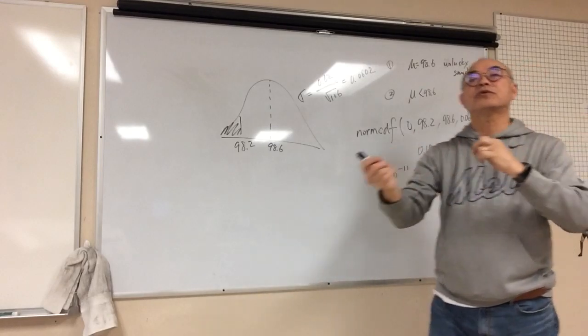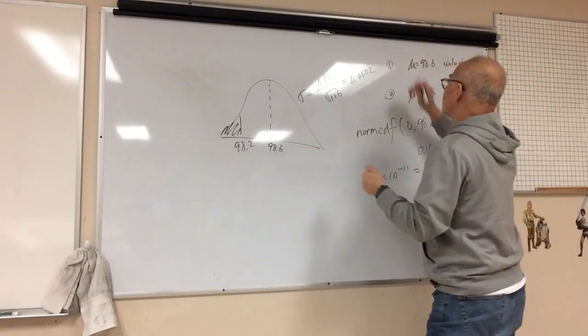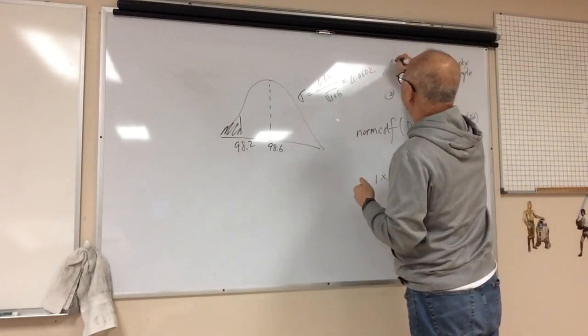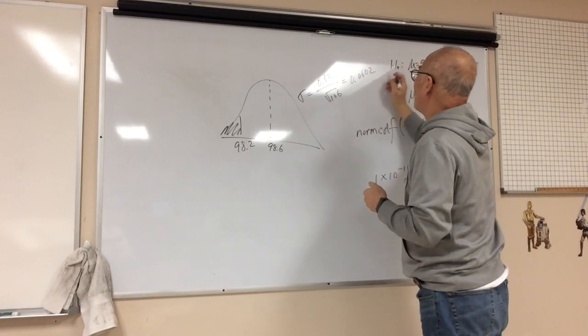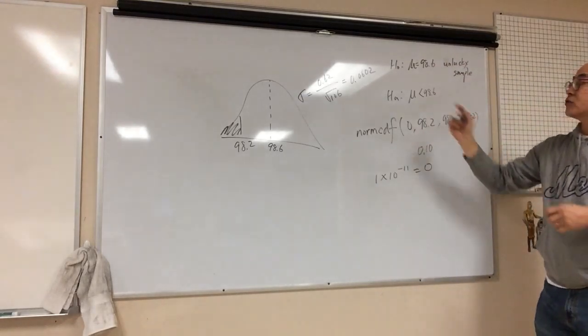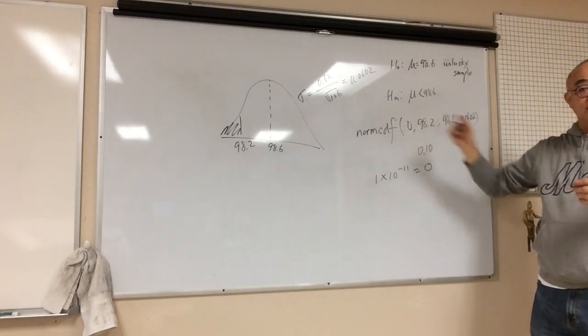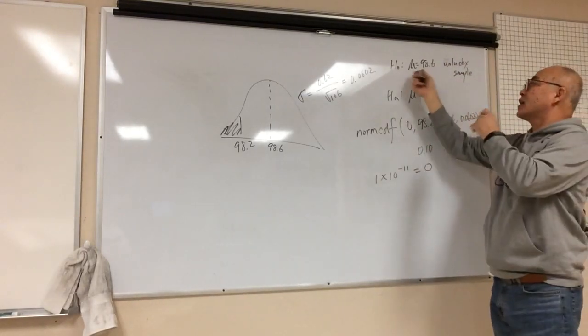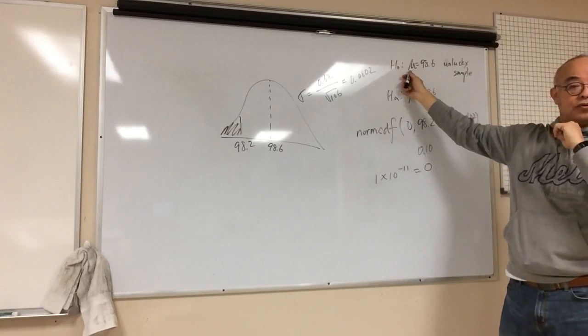Okay, so this is what we will do. We will call this the H0, or the null hypothesis. We will call this the HA, the alternative hypothesis. This is the one we are trying to disprove, or we think that this is not correct.